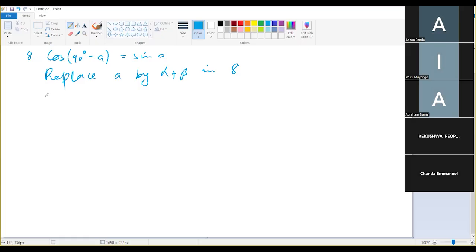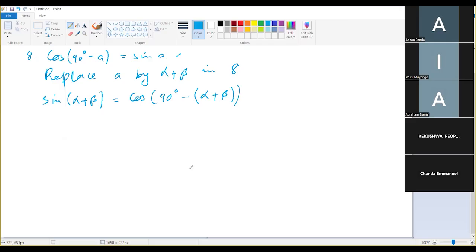So I'll start with the sine. So A is alpha plus beta. So I'm starting from the right-hand side. This will be equal to the cosine of 90 degrees minus A, now alpha plus beta.